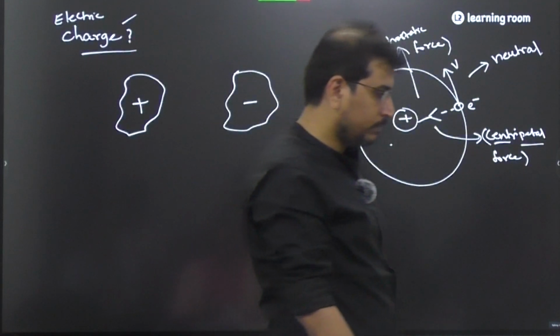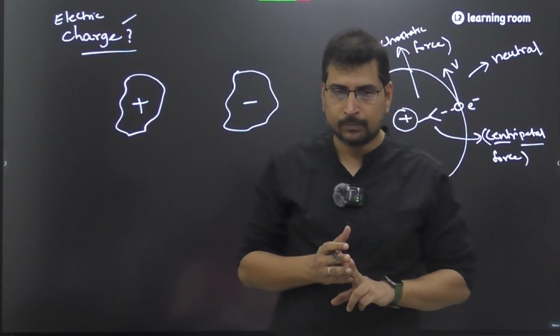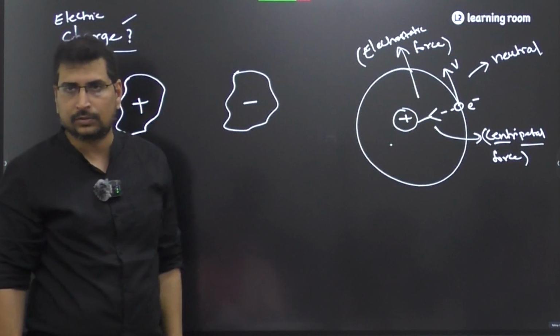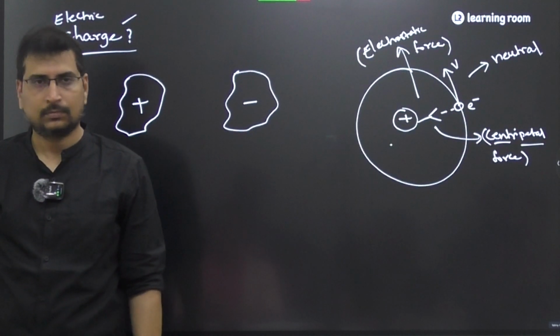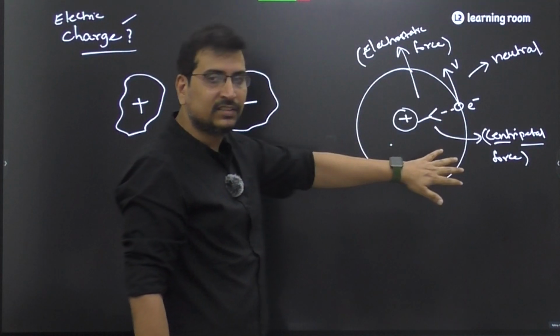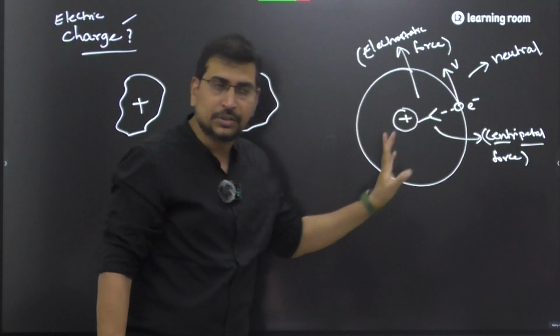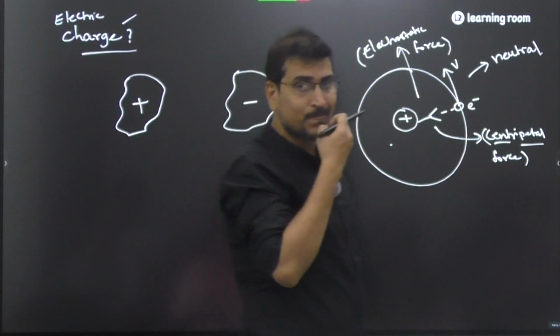I'll give you a hint. Positive charge is possible when I have excess amount of protons or deficiency of electrons. Both are right. Similarly, when I say something is negatively charged, I can say there is an excess amount of electrons and deficiency in protons.